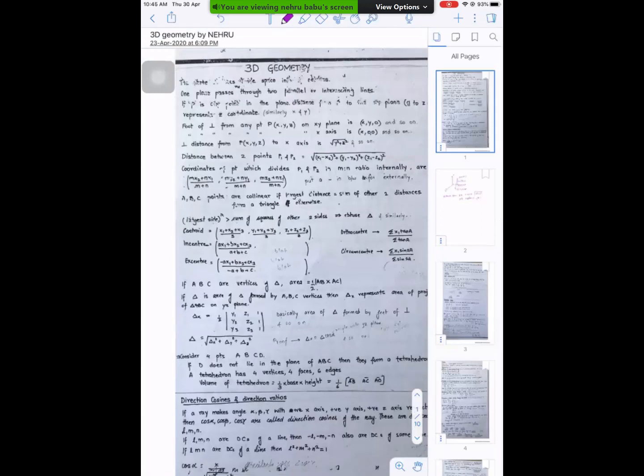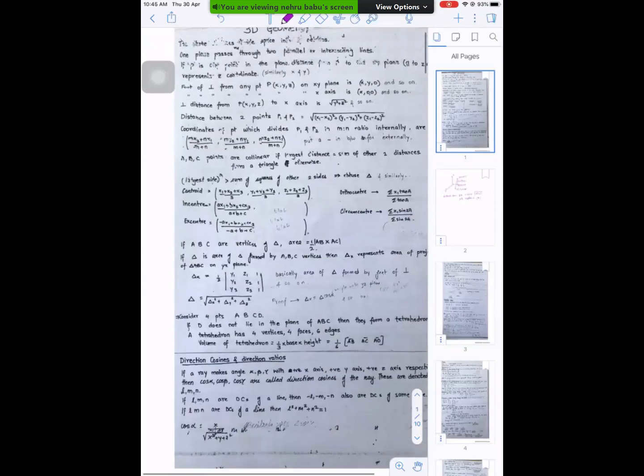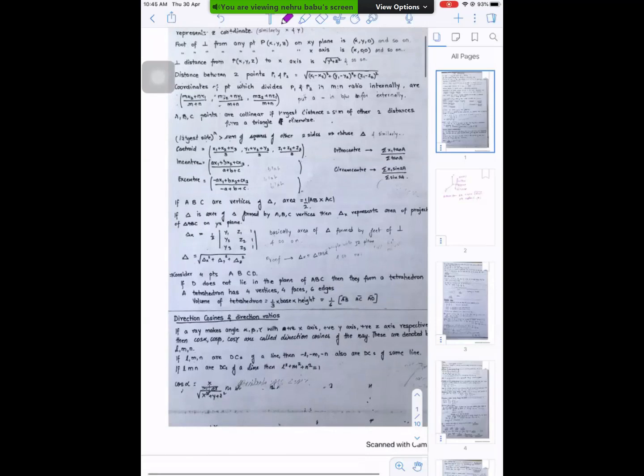Now the section formula, distance formula, orthocenter formula, centroid formula, and incenter are all the same. Yesterday we already discussed the area of a triangle also. If they ask for the area of a triangle in 3D geometry, we still apply the vector method only: area of triangle equals half into AB cross AC.